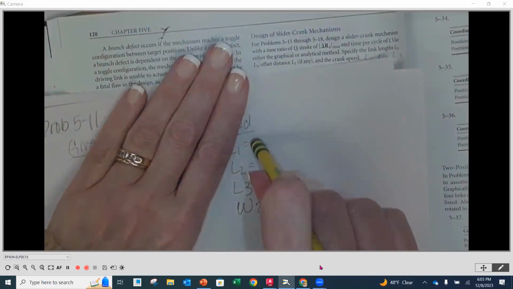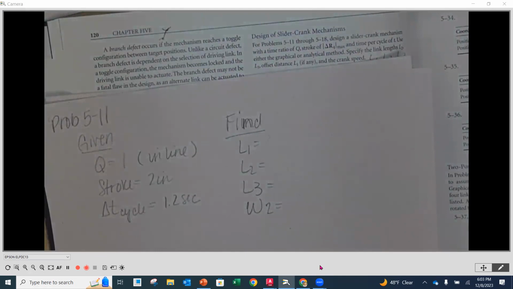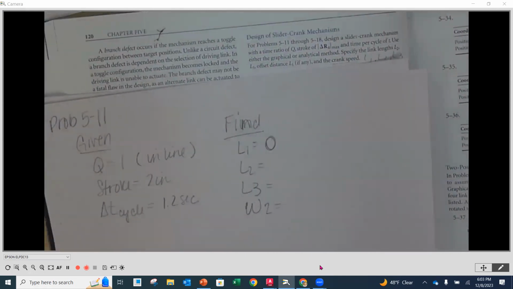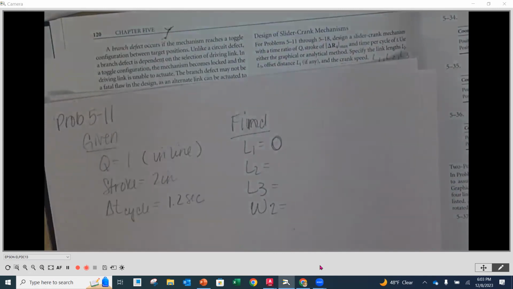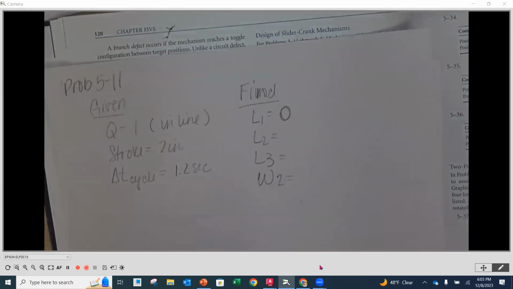Now, L1 is the offset when we have an offset slider crank mechanism. So since this is an inline, what is L1? 0, right? Or not applicable. It's not going to be an offset. But now we'll be able to focus on L2, L3, and W2.